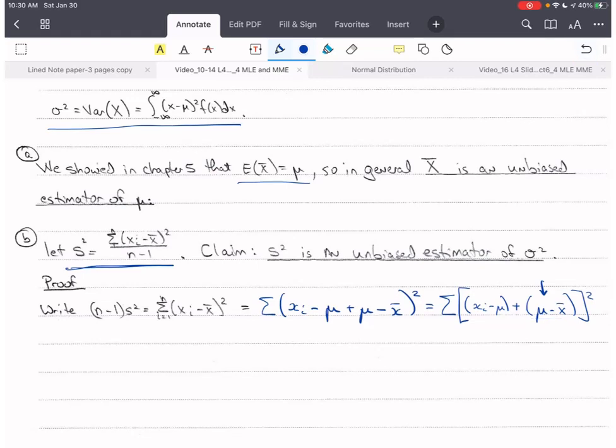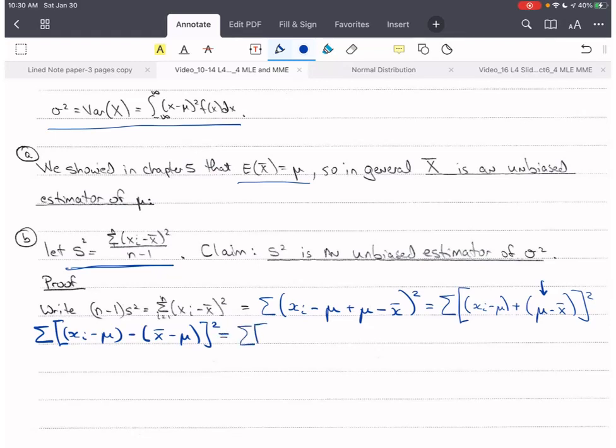It's a lot neater if we do it now. So we're going to do xi minus mu, and then we're going to say minus, and so the signs inside the parentheses reverse, so we have x bar minus mu, quantity squared. Now we're going to expand the square.